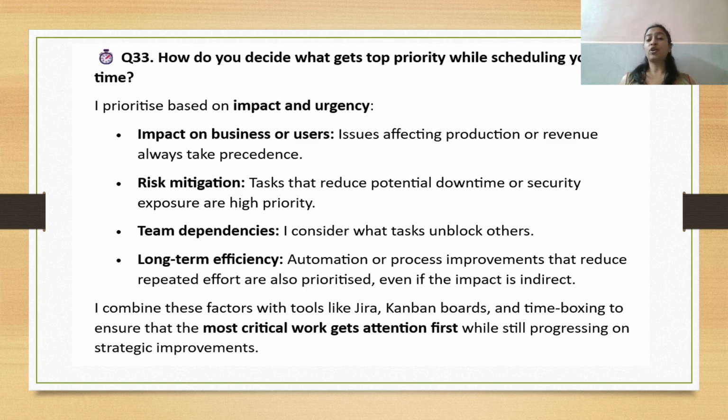Then long-term efficiency: automation or process improvements that reduce repeated effort are also prioritized, even if the impact is indirect. So these four points give the impact and urgency. I combine these factors with tools like Jira, Kanban boards, and time boxing to ensure that the most critical work gets attention first while still progressing on strategic improvement.